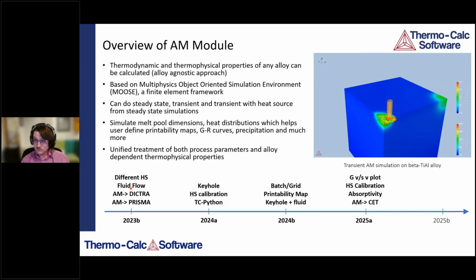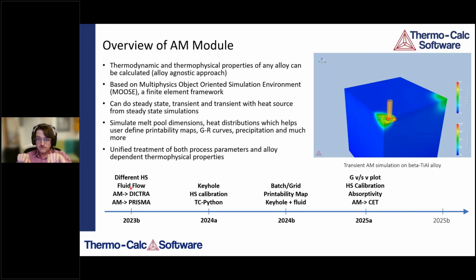We simulate fluid flow, which is important for the Marangoni effect. Maybe you have heard of the Marangoni effect or maybe not, but that's a surface tension effect. Depending on the chemistry, especially in stainless steels, when you have sulfur or silicon, the surface tension as a function of temperature can flip from a positive to a negative trend. As you increase temperature, the surface tension either goes down or up or stays flat.